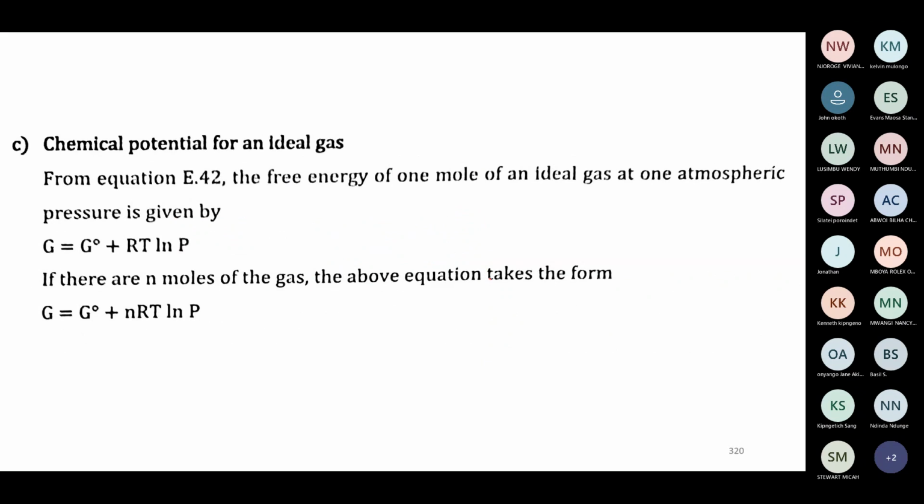We can also find the chemical potential for an ideal gas.